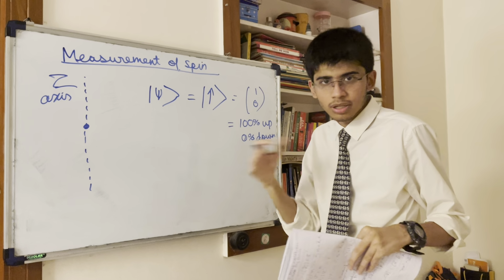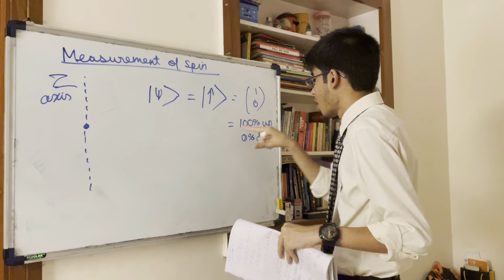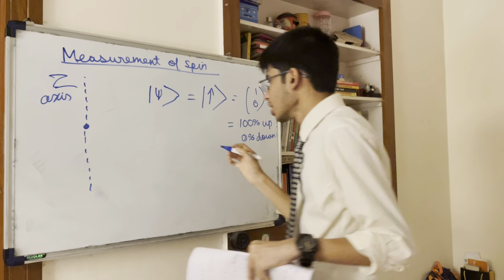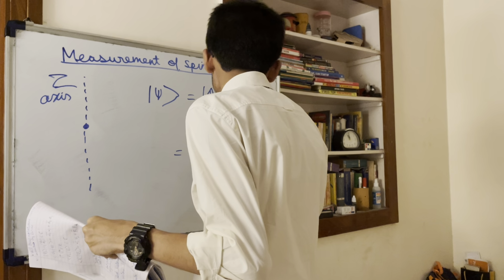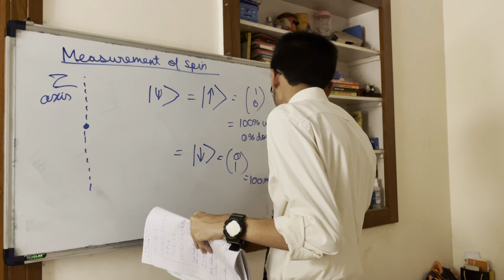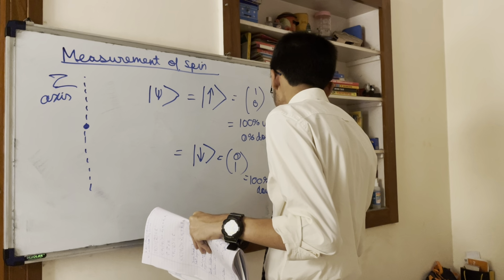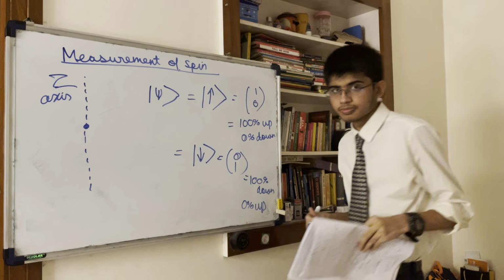It can't be together. It can't be both. So if we measure it to be spin up, it is 100% up and 0% down. Conversely, if it is measured to be spin down, it means it is 0 1, 100% down and 0% up.